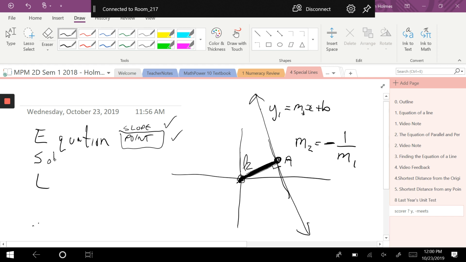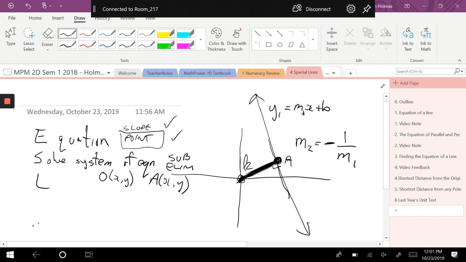So I solve a system of equations, and that can be using substitution or elimination. That will yield point A. So that will give me my origin point and my point of intersection, point O and point A.